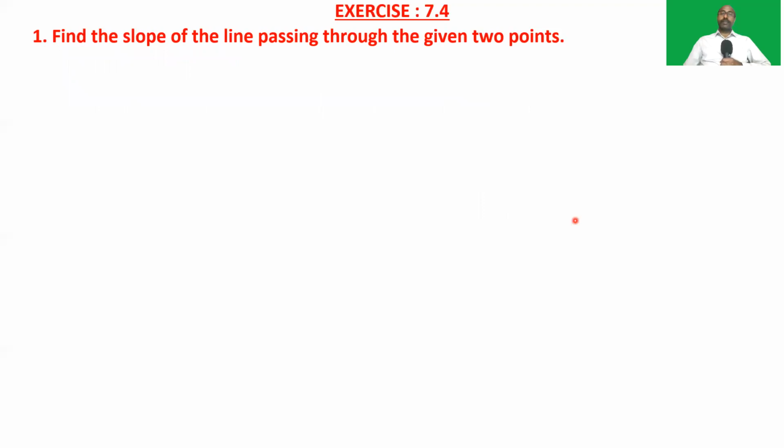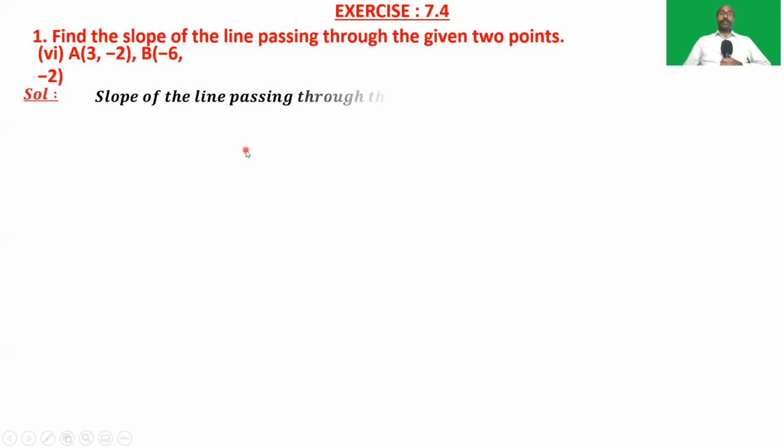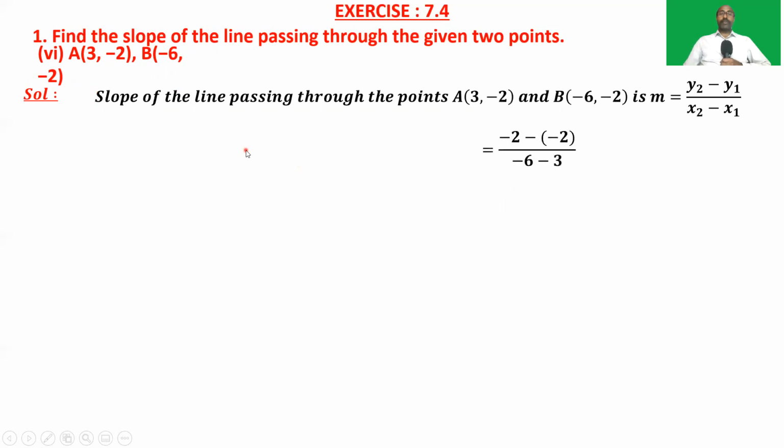So next problem, a 3 comma minus 2, b minus 6 comma minus 2. Here minus 2 is written in the next line, correct that one. So here the slope is 0. Here we can notice that whenever the y coordinates in the given points are equal, the slope becomes 0.